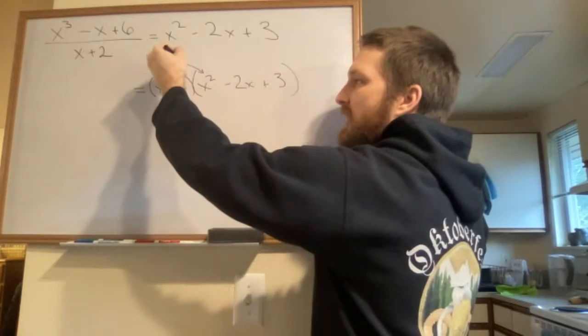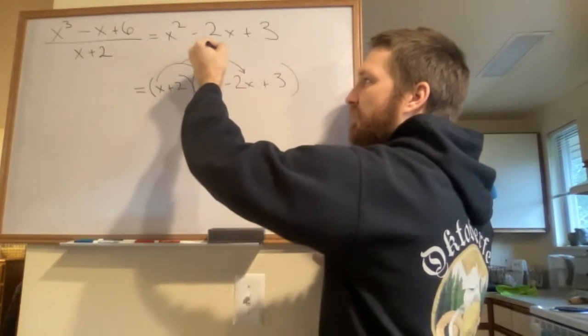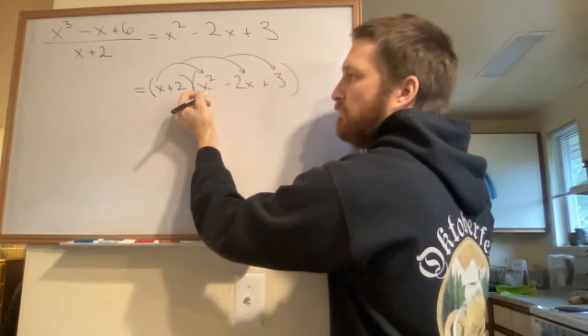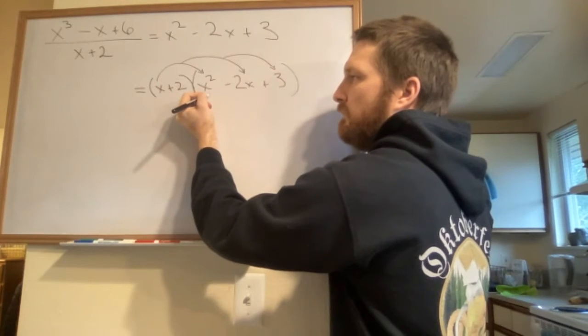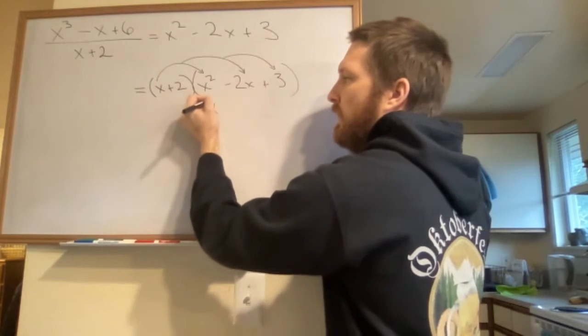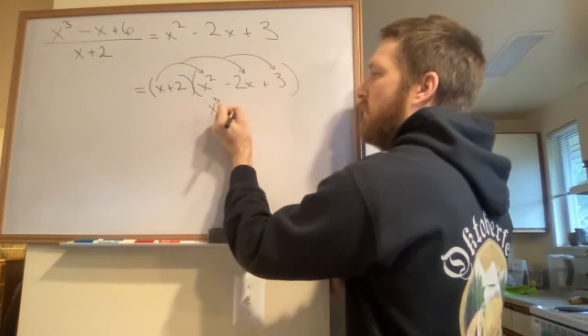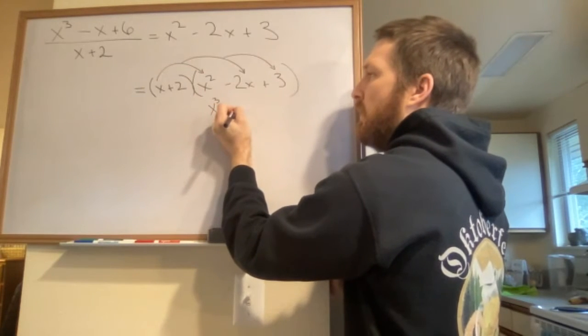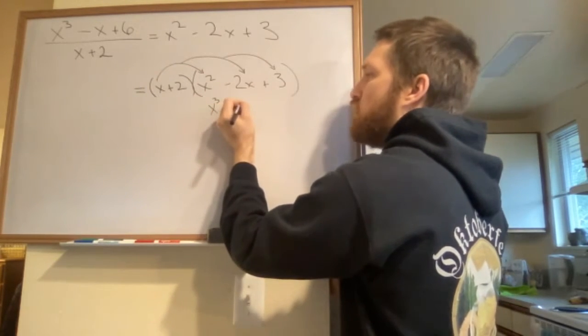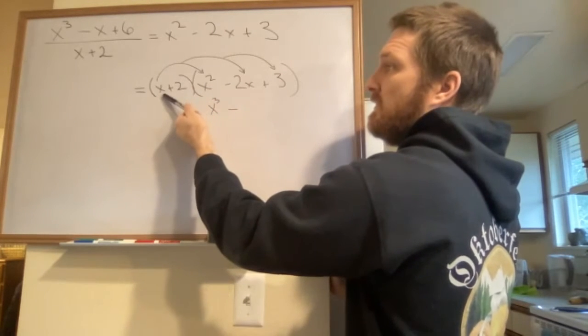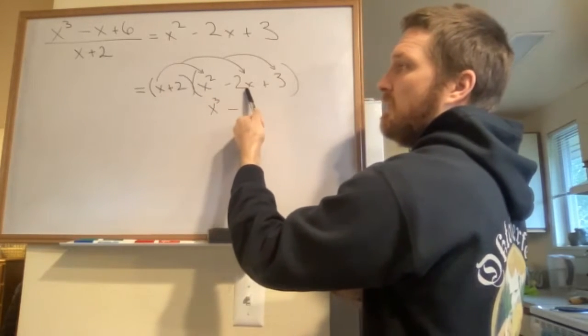The x's jump in first. X times x squared is what? X to the third. Okay, x times minus 2x is minus 2x squared. Wait, x times that.